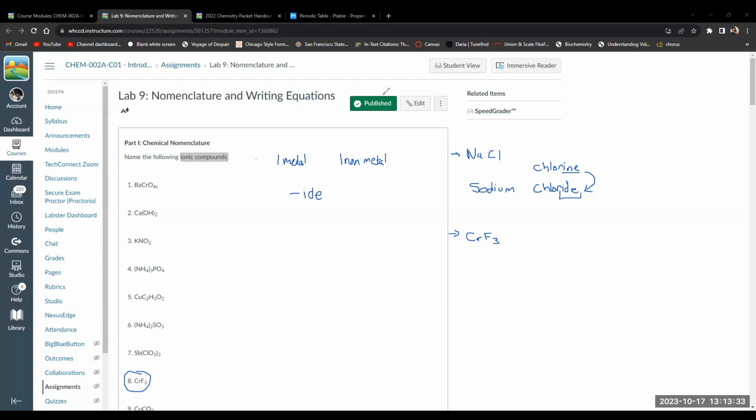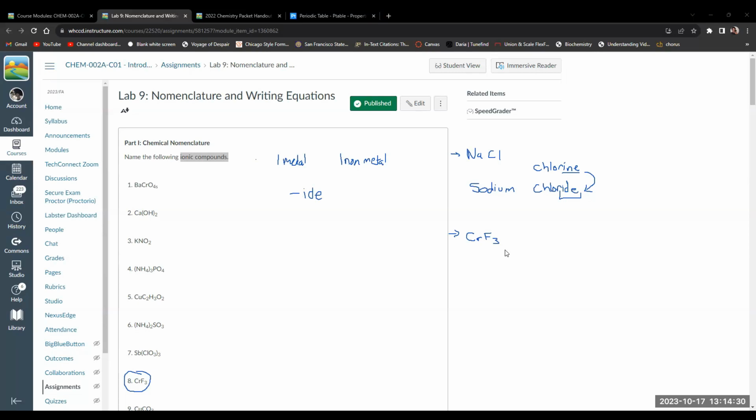Can you guys go on your periodic table and find what these two elements are, and then let me know what they are? So what's Cr?